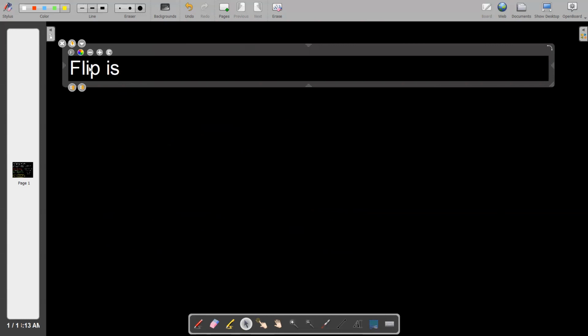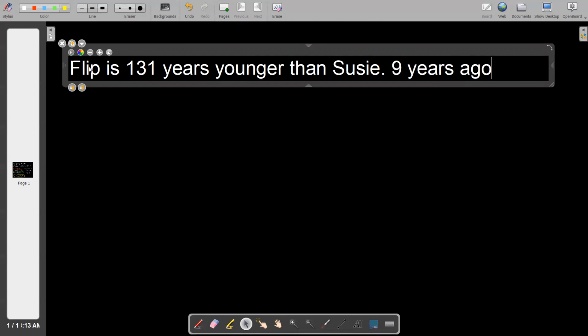Flip is 13 years younger than Susie. 9 years. Flip is not 131 years younger than Susie. Thank you. Flip is 13 years younger than Susie. I don't even know how to blame that on a fat finger.